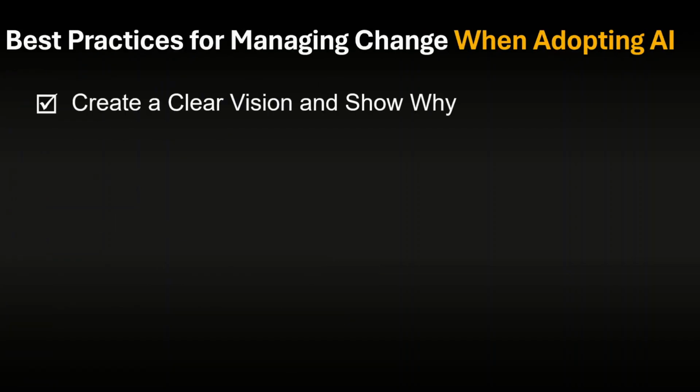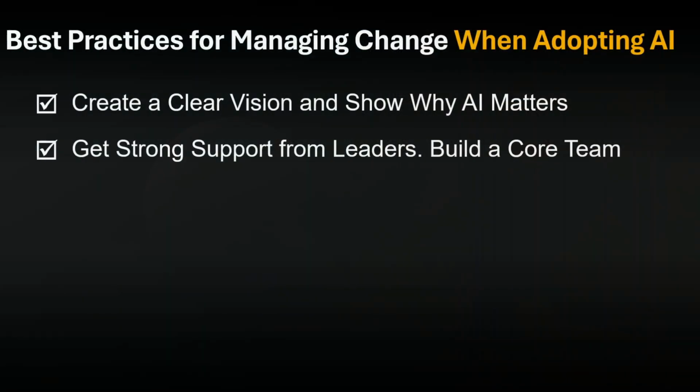Here are the best practices to get past those challenges. You need a smart approach that puts people first. One, create a clear vision and show why AI really makes a difference. That's a big step. Another thing you want to ensure is that you get strong support from leadership.